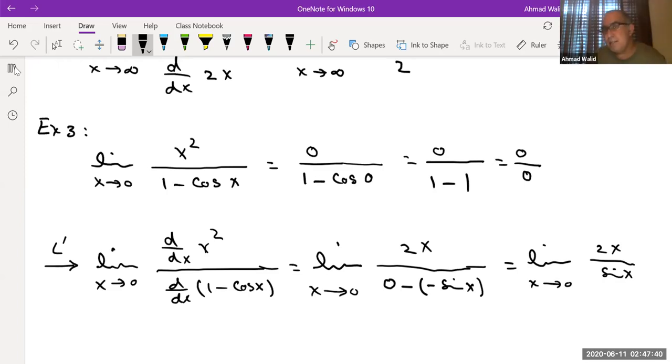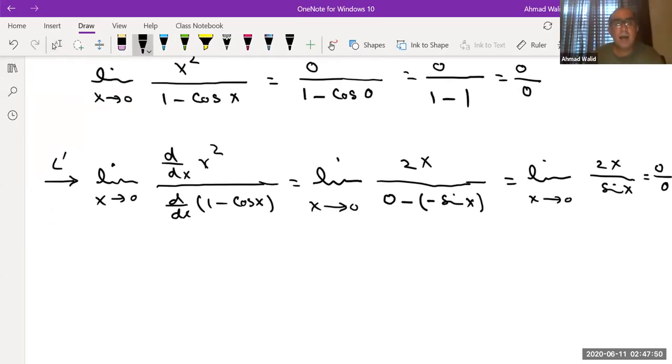If you plug in 0 again here, it gives you 0 over sine of 0, which is 0. It gives you again 0 over 0. Now, what will I do? I will apply again L'Hopital's rule.